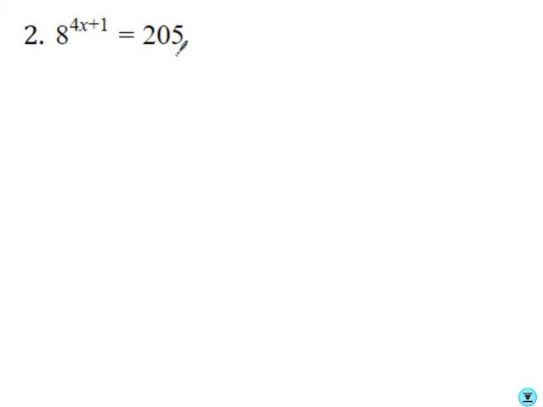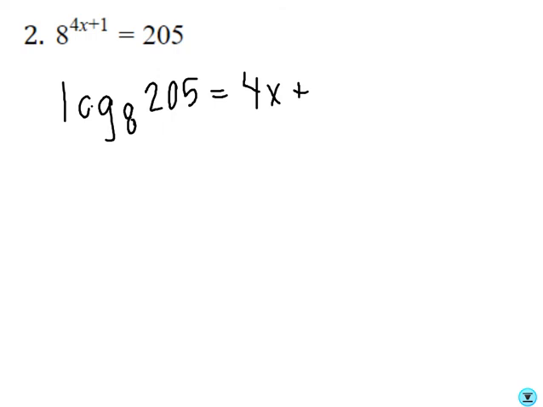So in this case, if I can't really change anything to get the other side equivalent, I'm just going to simply change it into log form. So I'm going to have log base 8, because remember logs are bases, of 205 is equal to 4x plus 1.